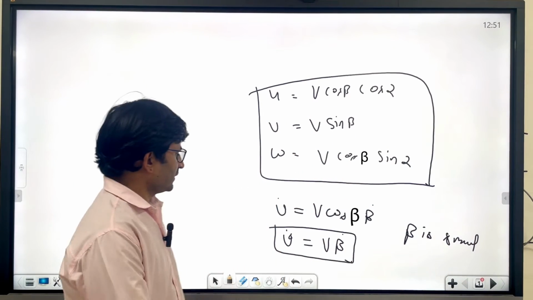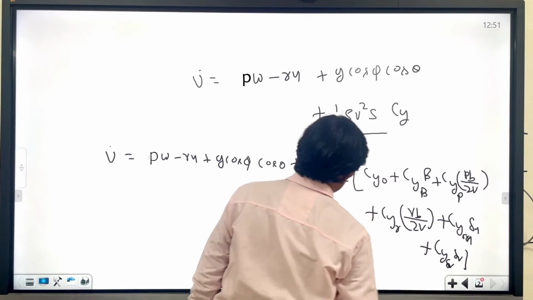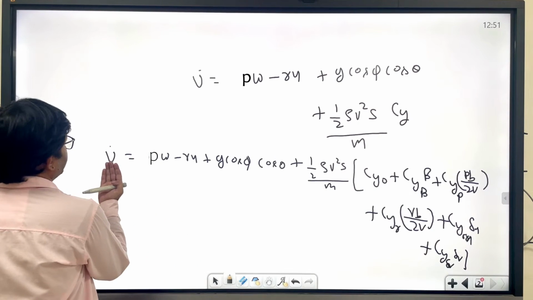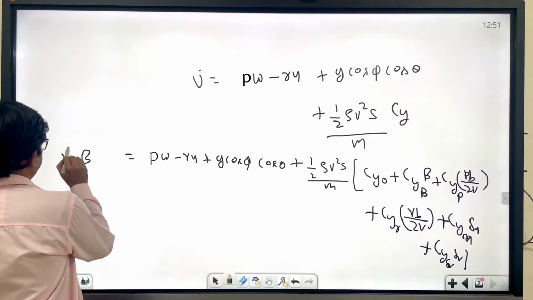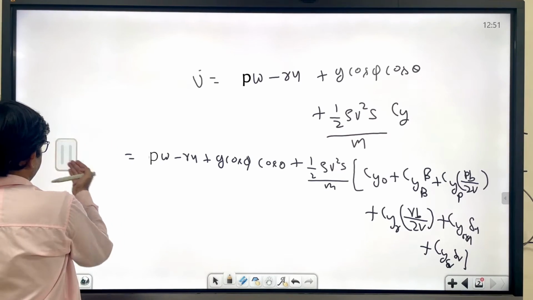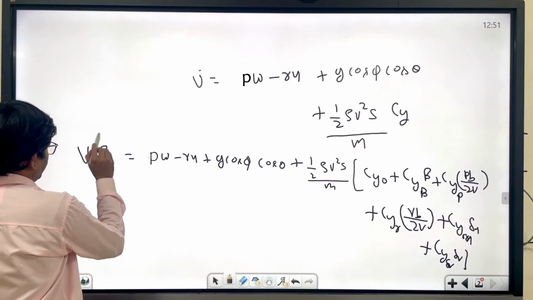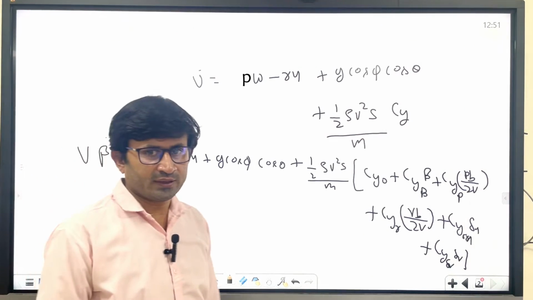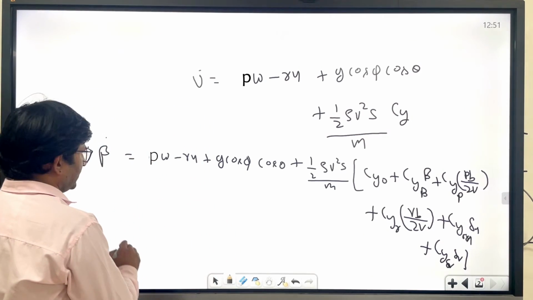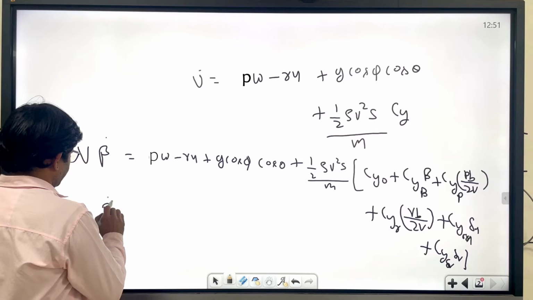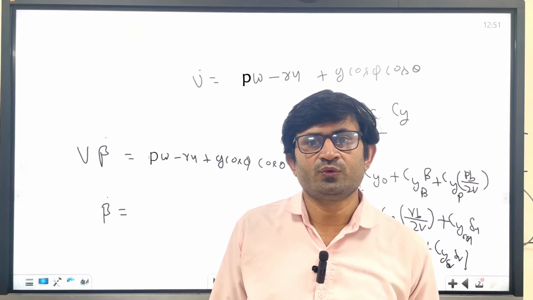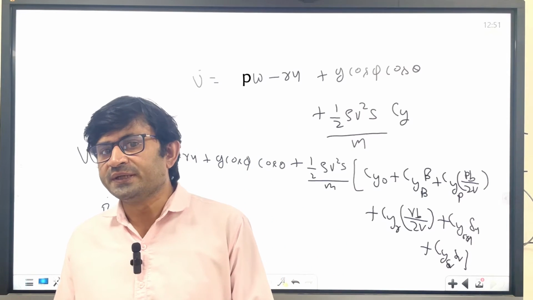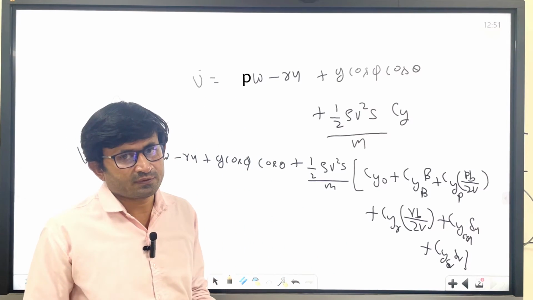Now if you substitute this in here, what will you get? I will substitute V beta dot here. I want to kill the side slip angle using the rudder, so I have to write the equation in terms of beta dot, in terms of beta.